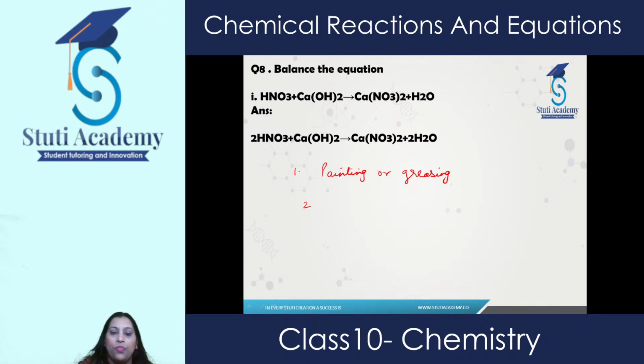Another way to prevent it is galvanization. Galvanization is a method in which we coat a layer of zinc over iron, again to prevent that iron from rusting. So these are the methods with the help of which we can prevent rusting very easily.